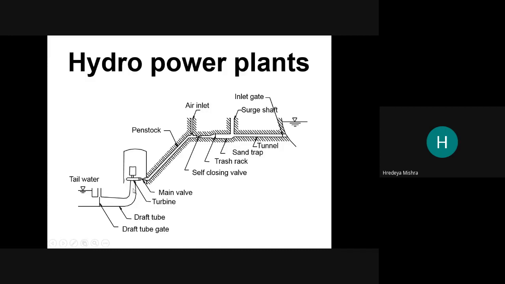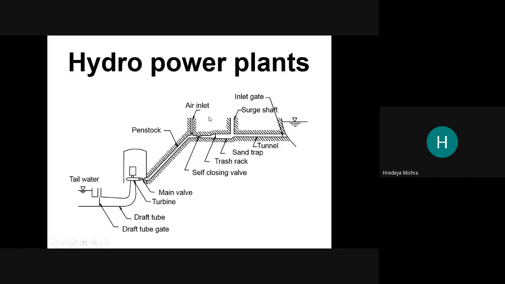After that, there is a draft tube. The draft tube releases the water to the tail water, and from here water is supplied to the city or area where water is needed.